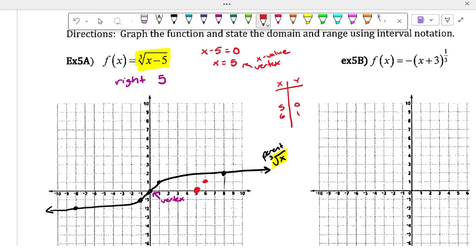Now we'll probably go off the graph when x is 8. But what value do you think would give me the same thing for x minus 5 that x equals 8 does for the parent function? So think about it. If you plugged in 8 for x in the parent function, what should you get?